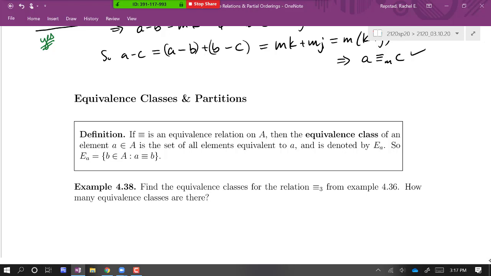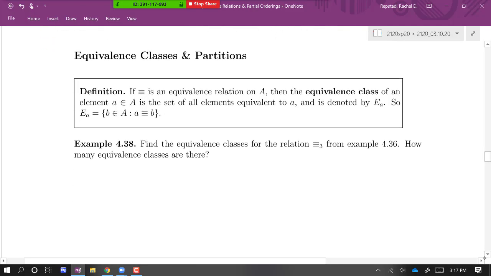So we were just looking at equivalence relations on the integers, right? So I might fix an integer like 0 and say, what are all the other integers that are related to 0? And we call that the equivalence class of 0. So let's do that for the equivalence mod 3 one that we did on the last page. Might as well start with 0. We call this capital E sub 0 for that equivalence class.